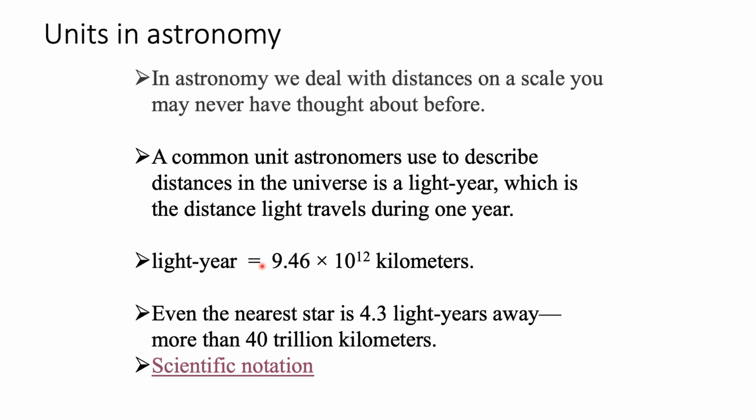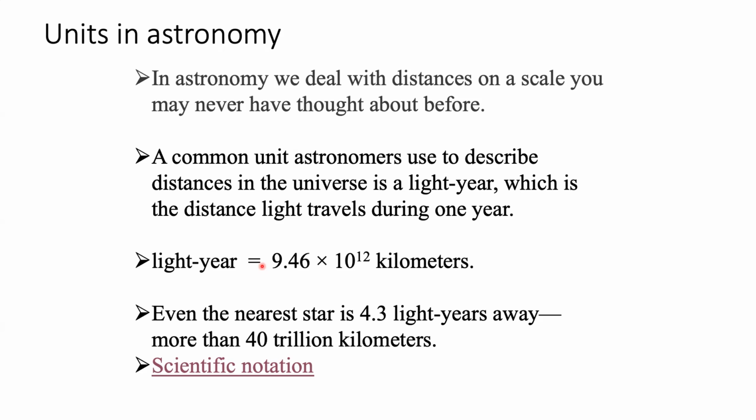And now, why we use light years instead of kilometers is that even if you think about the nearest star, for us, it is actually 4.3 light years away. So this is more than 40 trillion kilometers, right? So you can see the amount of distance that we are looking at.